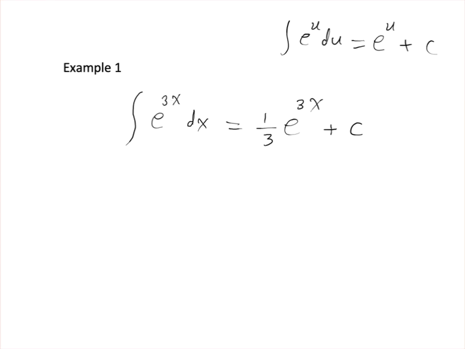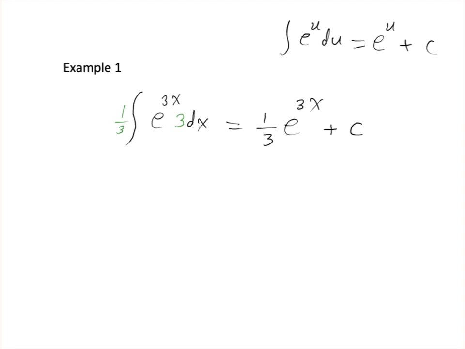So if we put a 3 here and a 1/3 outside, because you can move the constant coefficients outside the integral, that does not change this integral. So the value is still the same.